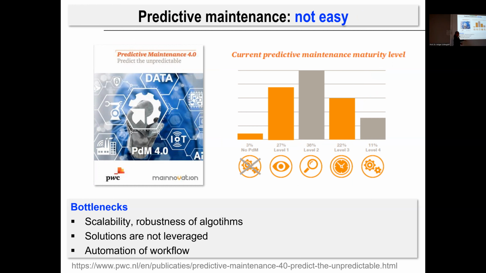Also, solutions are not leveraged, meaning everybody is still working in their own silo. Sensor people know everything about sensors, but don't talk to the optimization people. And automation of the workflow is another big issue, because a lot of things are done manually in the predictive maintenance workflow.